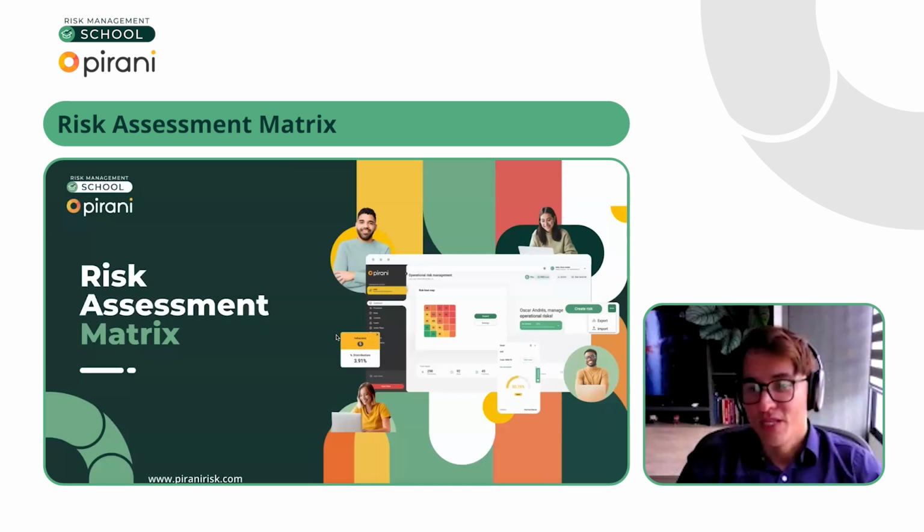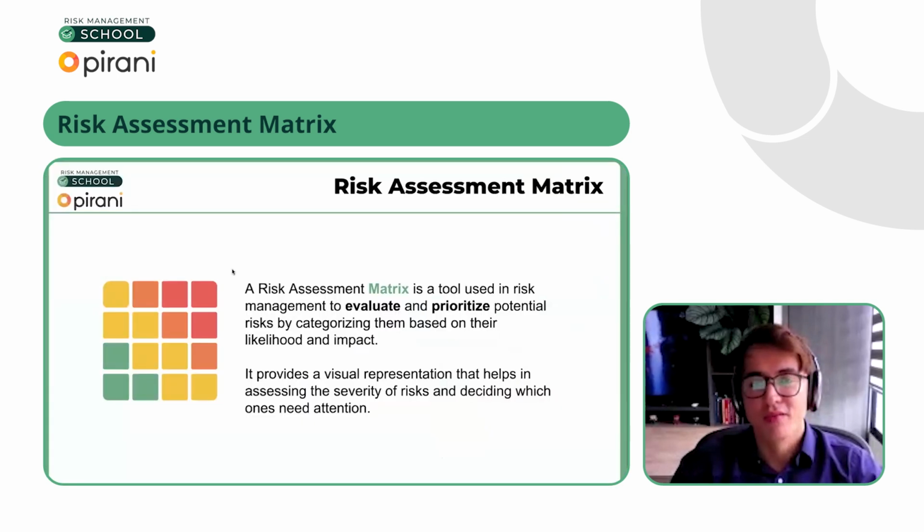So that being said, let's begin talking about the risk assessment matrix. The first thing that we need to talk about is the main definition. Maybe in some cases we know this grid, these colors.